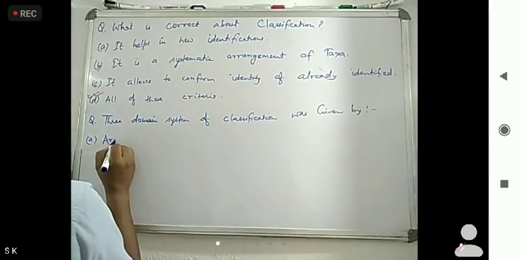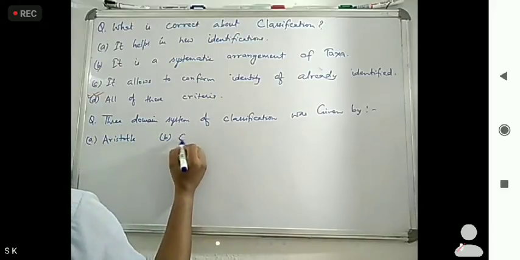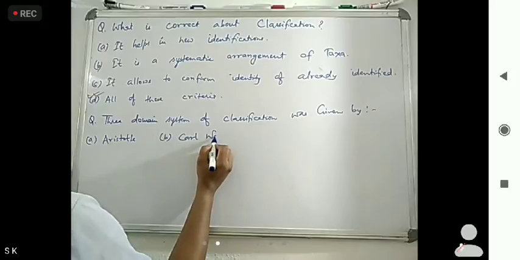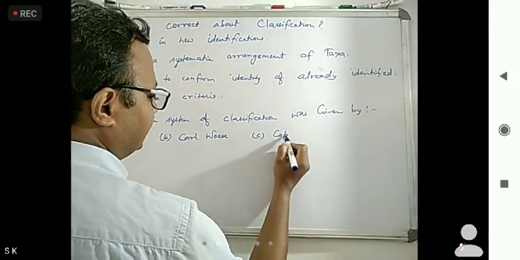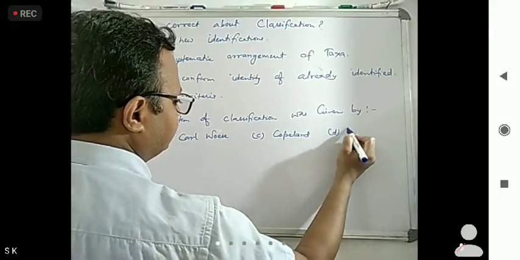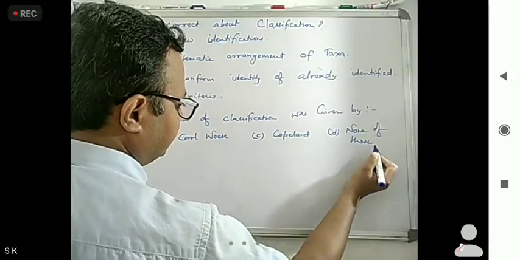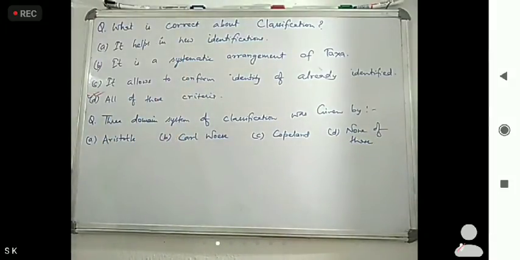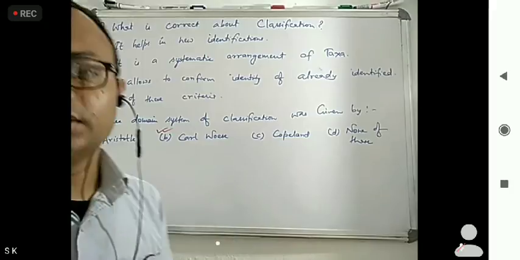First is Aristotle, next is Carl Woese, next is Copeland, and next is none of these. Already we discussed this one. So three domain system of classification given by which scientist? So that is given by Carl Woese.